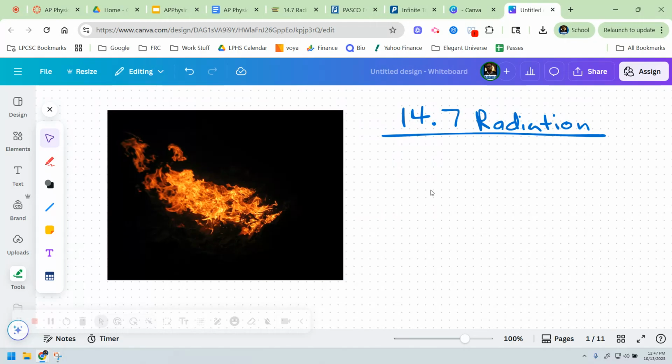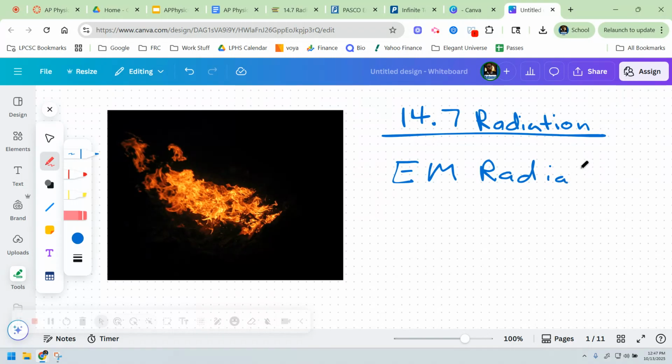Today we'll talk a little bit about electromagnetic radiation, and so the transfers are slightly different, but they're similar. And we try to categorize them. As I mentioned with the fire, sometimes you have all three taking place, which is usually the case.